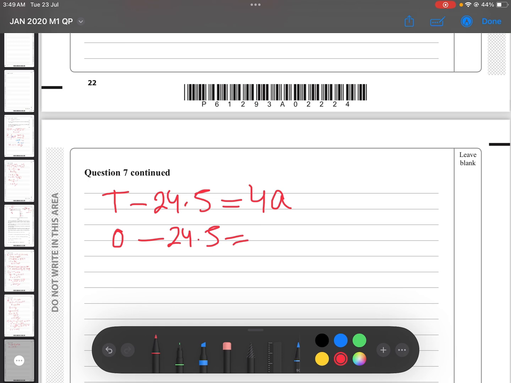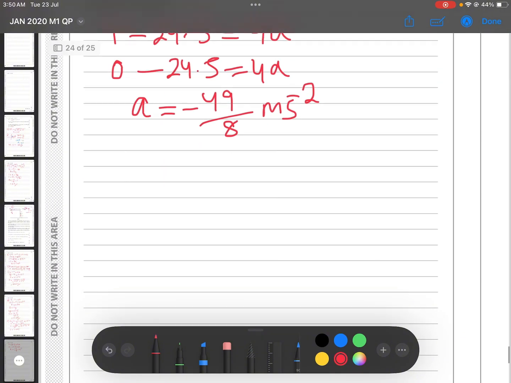24.5 equals 4a. And then I get the acceleration minus 49 over 8 meter per second squared. Now again, using the Suvat equations, we have the velocity, we have the new acceleration, we can find the jerk distance that it traveled.